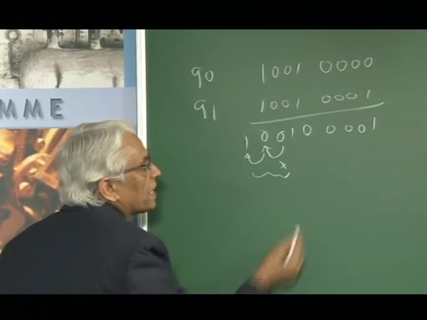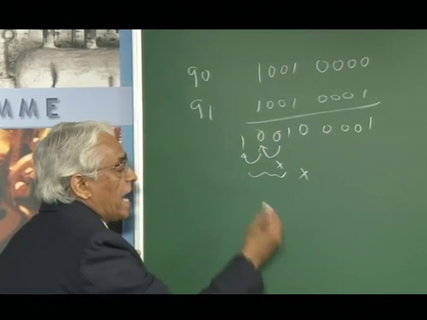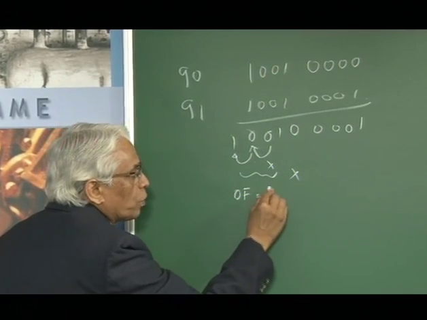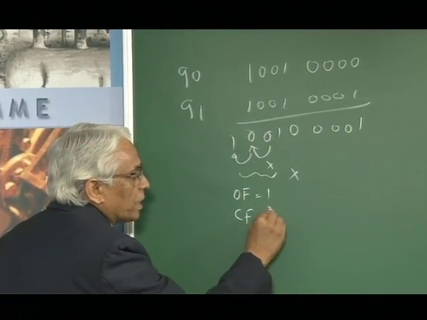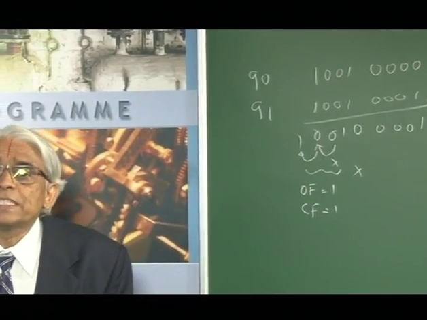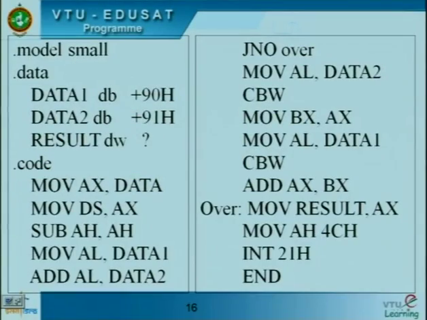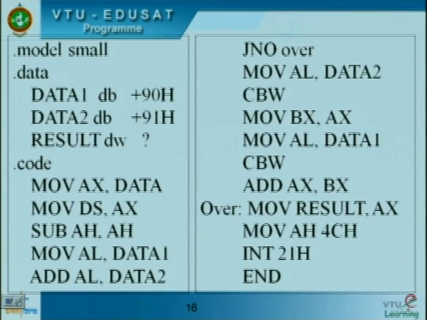That means this result is not correct, and the overflow flag is set equal to 1 and the carry flag is set equal to 1. Now, when you say jump no overflow over, it means that if there is no overflow, it goes to over and terminates the program after storing the result.